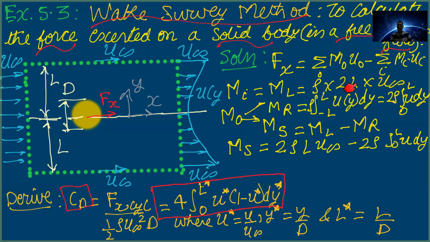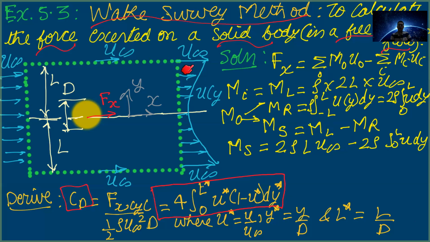This will be 2 rho L u infinity square. For the side wall also, the horizontal velocity at the side wall is u infinity. So you take the mass flow rate from the side wall and multiply by u infinity.